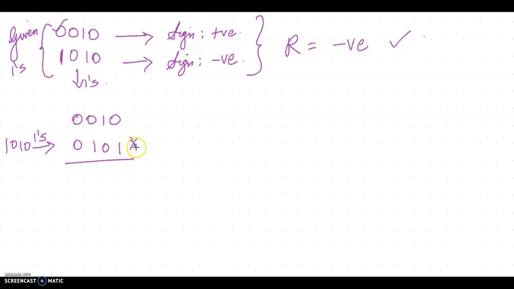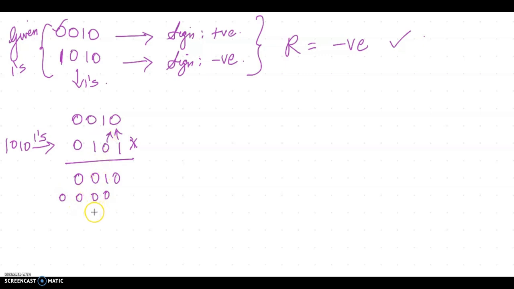Next I have to multiply these two. When I multiply with 1, I get the number itself, 0010. Multiply 1 with each of these digits: 1 into 0 is 0, 1 into 1 is 1, 1 into 0 is 0 and 1 into 0 is 0. When I multiply any number with 0, I get 0 itself, so all 4 bits become 0.